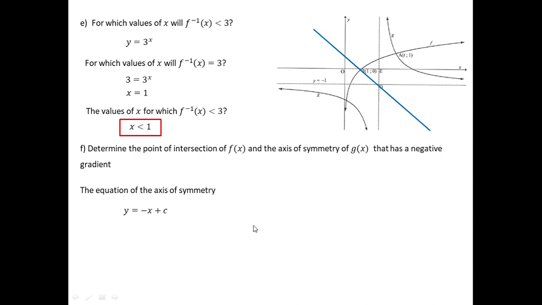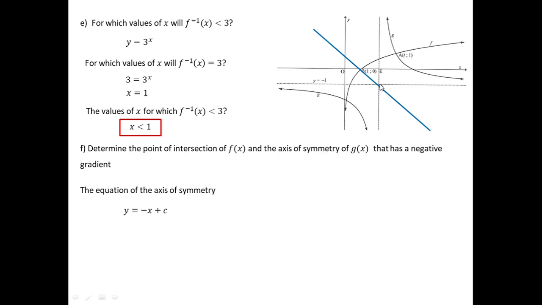Now, the gradient of all axes of symmetry is either going to be -1 or +1. Because we're working with the one that has a negative gradient, the gradient has to be -1. And it is a straight line, so its format is going to be this. Now all I need to do is work out what my c is. Well, to do that, I'm going to substitute in the coordinates of the point here where the 2 asymptotes cross over, because the axis of symmetry goes through this point.